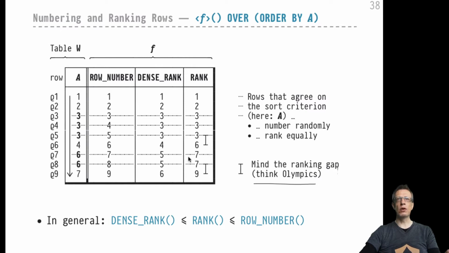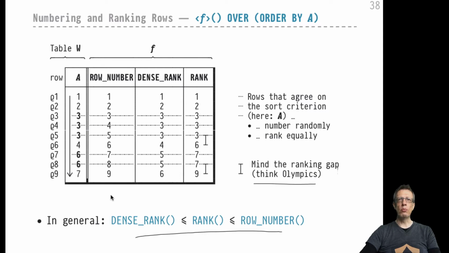The same down here, both rows, row 7 and row 8, share rank 7, so there is no row at rank 8, and we continue with 9 here, so there is a gap. What you will see is this general comparison of ranks that are assigned to the rows inside a table. For all of these we will find countless applications.